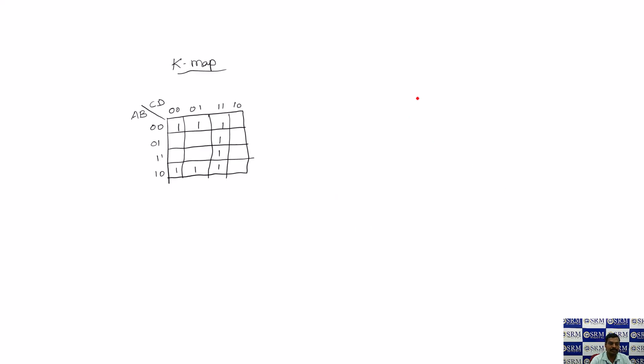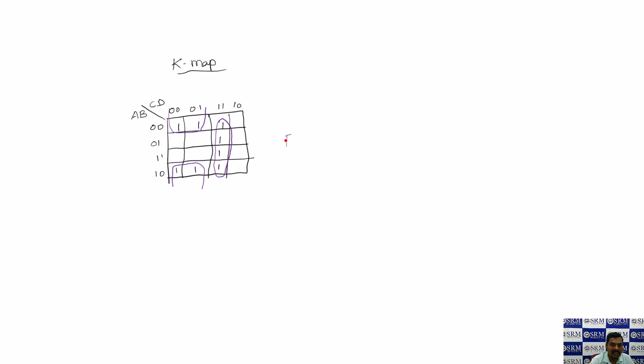Okay, now I'm going to group the K-map. As per our K-map rule, these can form a group. Similarly, these two ones can be combined with these two ones. So all the elements are grouped.